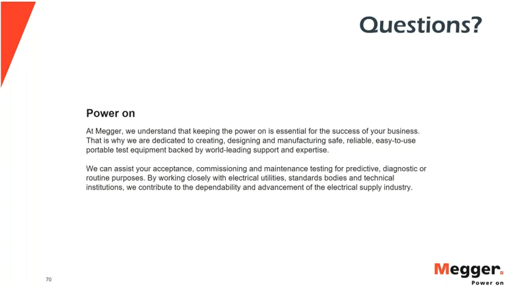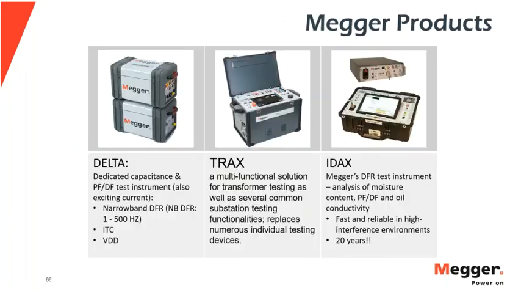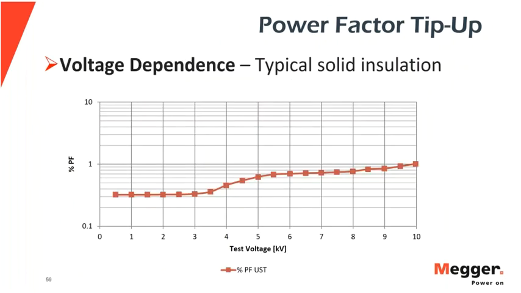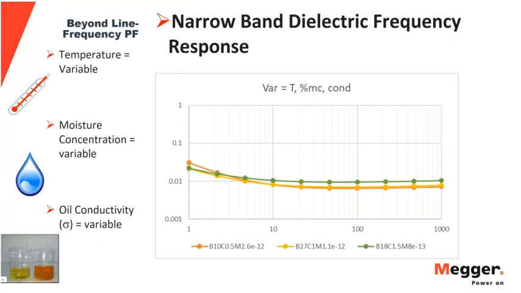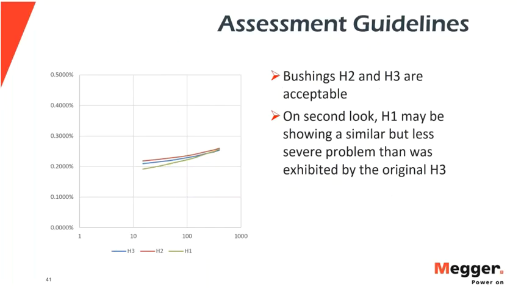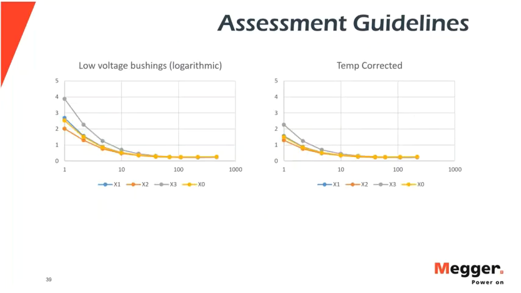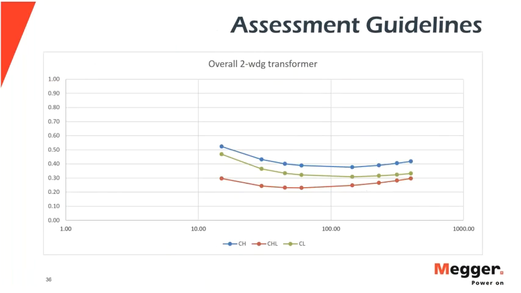Okay, so I'm assuming that this question must have come in while I was going through one of these previous slides. So I'll try to back up to the assessment guidelines and find it here. So that's bushings. Here's the two-winding transformer.